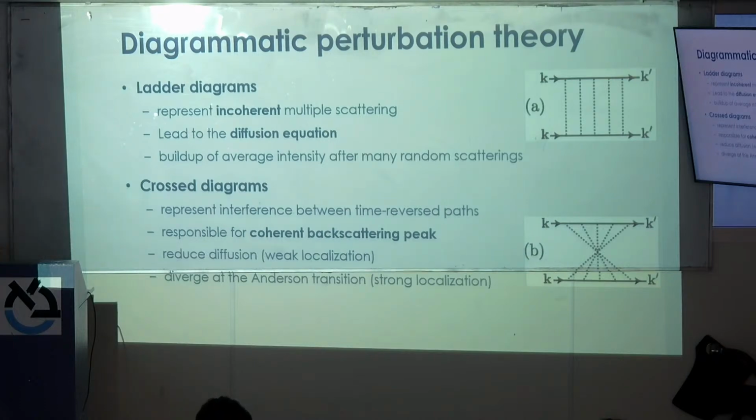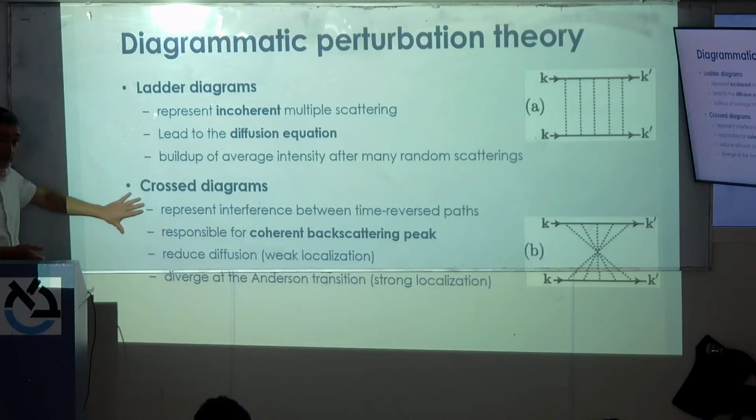When you look at the Born expansion, you have to look at different terms, and this incoherent contribution will be less and less strong as you multiply the number of scattering events. So you can actually keep the first terms in this diagram.